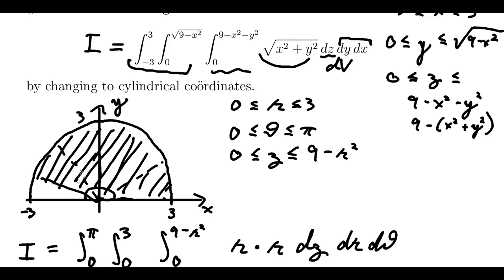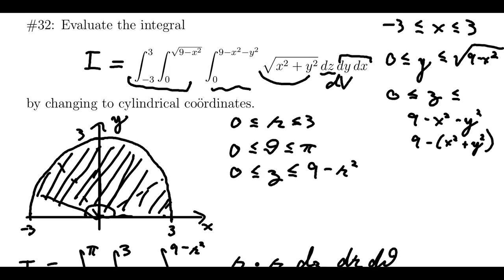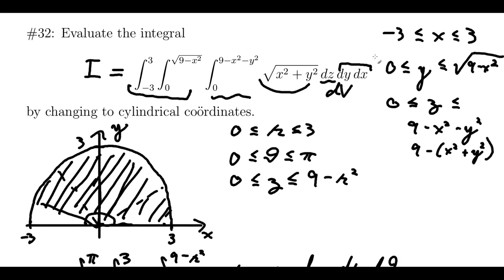They could have just told us we want to integrate over the region that is above z equals 0, the xy plane, below z equals 9 minus x squared minus y squared, that paraboloid. So we could take the region below the paraboloid, above the xy plane, and when y is non-negative.